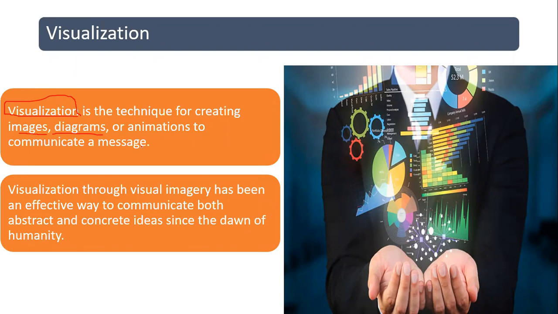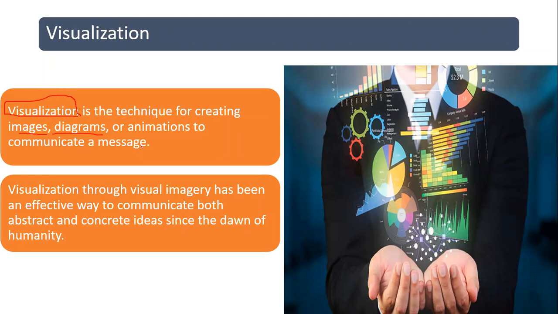Whereas coming to visualization, once the analysis is done, how are we going to project it to somebody? That is, how are you going to make the person understand your results? How best can you make the person understand your results? That is where visualization comes into the picture, right?